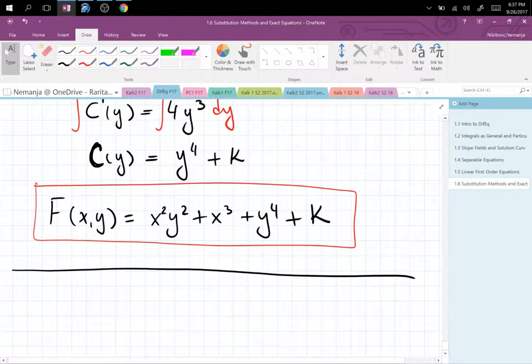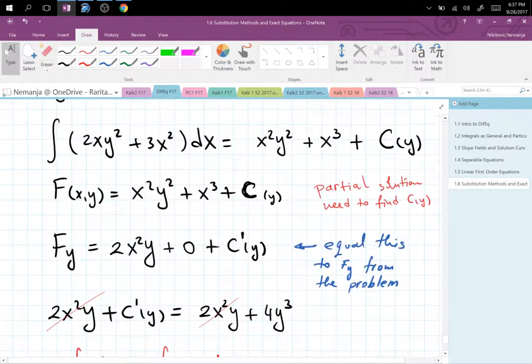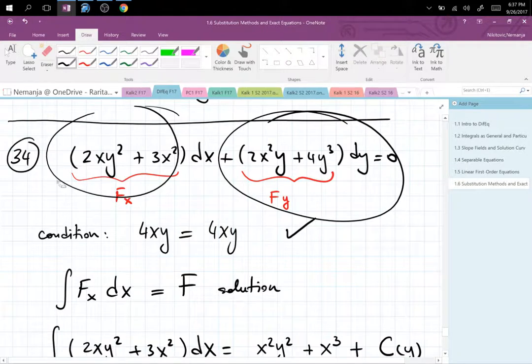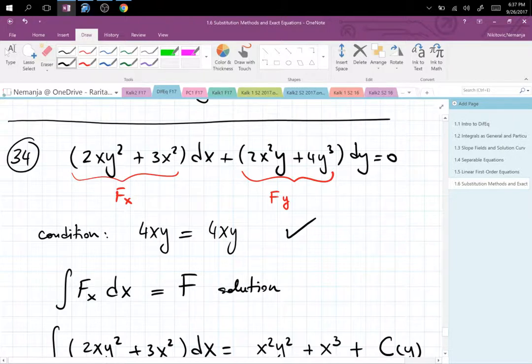Now, what I should do is this problem again, starting from integrating here first, and then equating in the derivative there. Exactly. To show you that you are going to get the same answer. It doesn't matter if you start with f_x and integrate with respect to x, or you start with f_y. The equation is exact. The partial derivatives are equal. So it doesn't matter which way you start a problem.